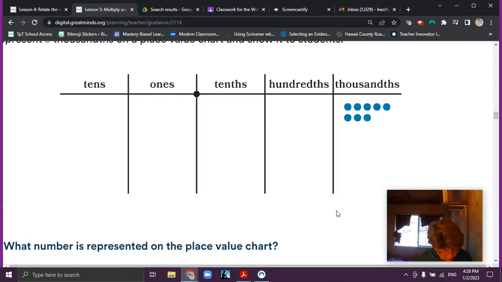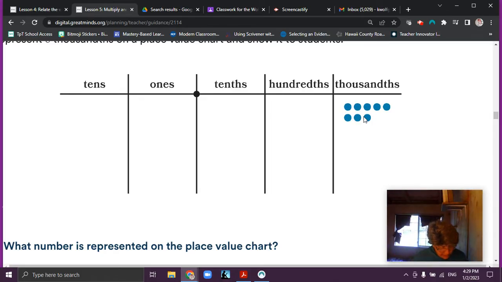Okay, so I want you to go ahead and represent 8 thousandths on your place value chart, like what I have right here, 8 thousandths. Make it a little small so you have lots of room on your place value chart. And what number is represented on that place value chart? That's 8 thousandths, right?